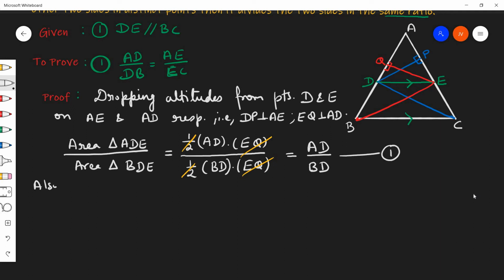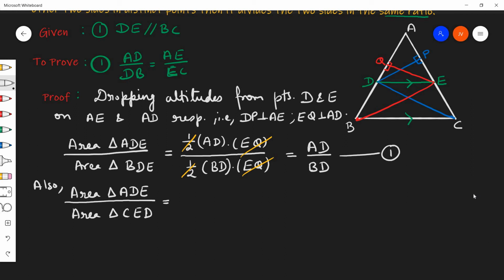Also, we will take one more such ratio, that is area of triangle ADE divided by area of triangle CED. So this time we are considering the AC side of the triangles.